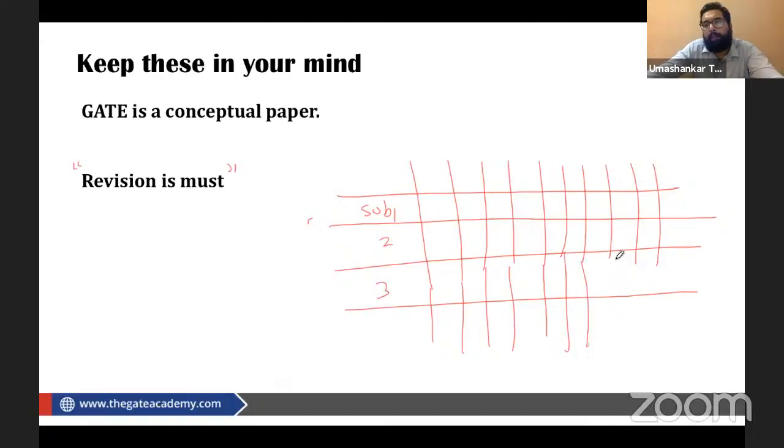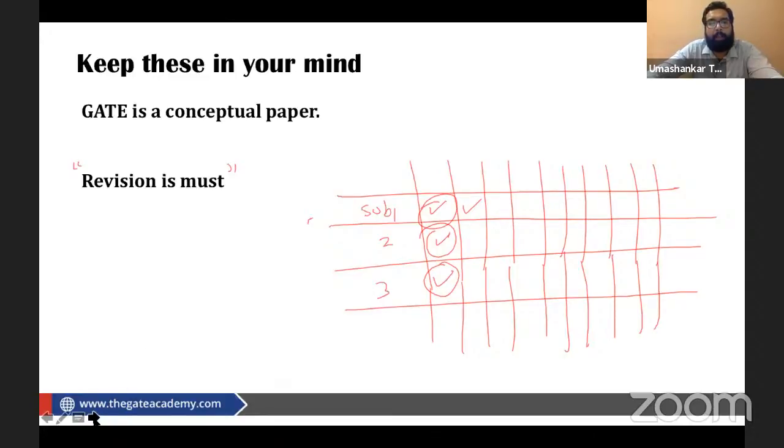To plan your revision, whenever you complete a revision, make a tick here, and a tick here. Sometimes we keep revising the same subject. Do not do that. Once you tick mark subject one, the next tick must go to the other subject that you have completed. Getting my point, beta? That way you maintain a balance, because ultimately you have to do all the subjects.